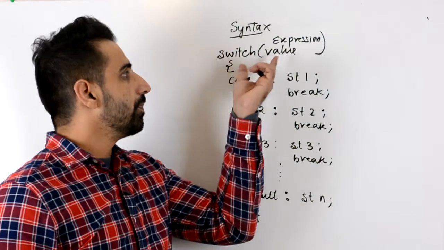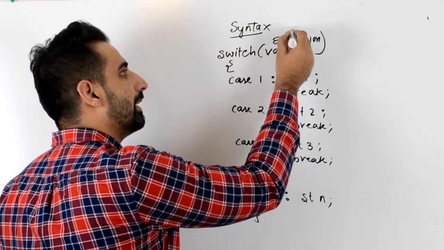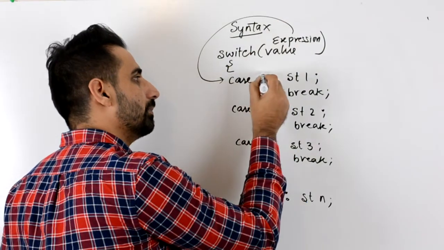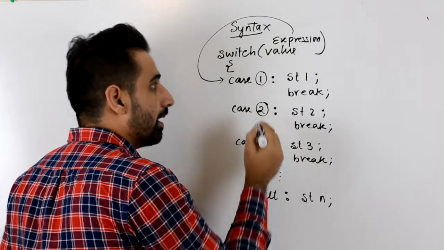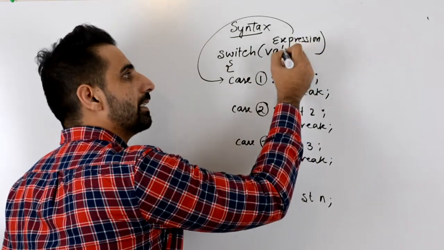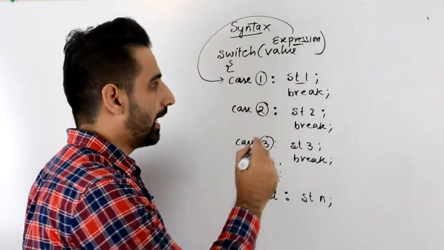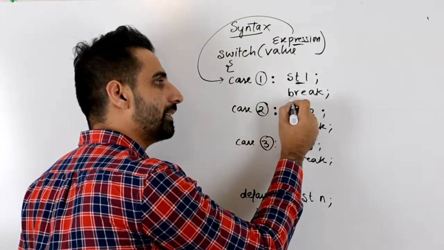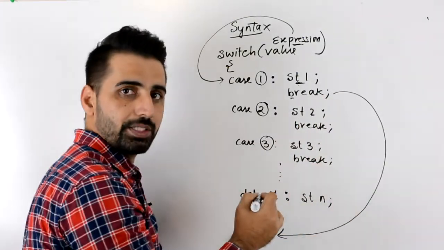So what it will do: whatever is the value of the expression, it will try to match with the case values. If the value of this expression matches with case 1, then statement 1 will execute, and after executing statement 1 it will check for break. If break is there, then our control will come out of the switch.